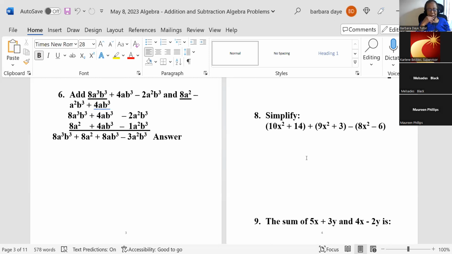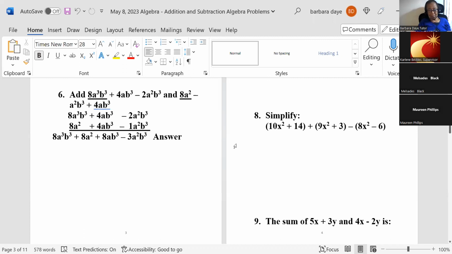Maureen, what did you get for your x to the second term? When you combine your x to the second term, what did you get? 10 and 9 is 19. That's a minus, Maureen, not a plus.